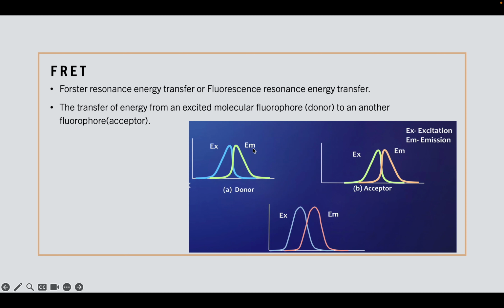In short, it's like A is equal to B and B is equal to C. Here A is the excitation wavelength and B is the emission wavelength. And if we go to the acceptor, B is the excitation wavelength and C is the emission.